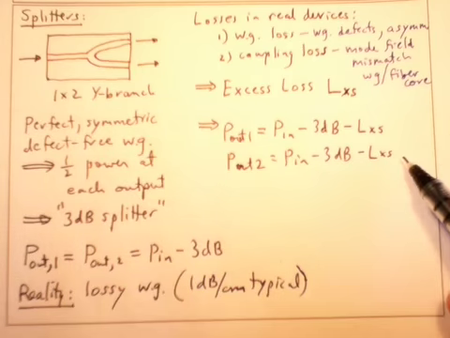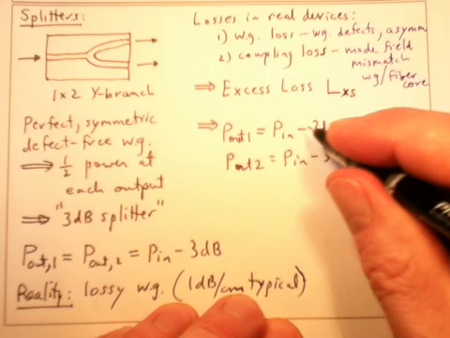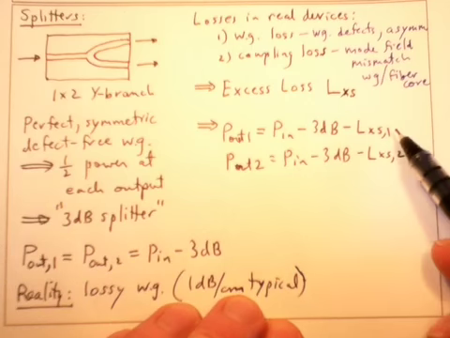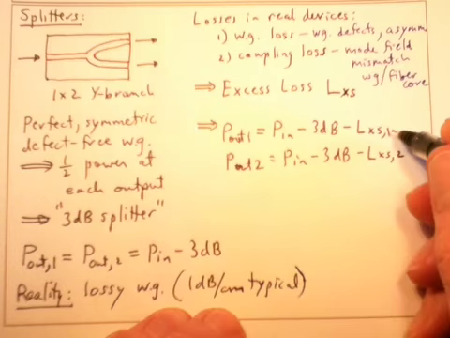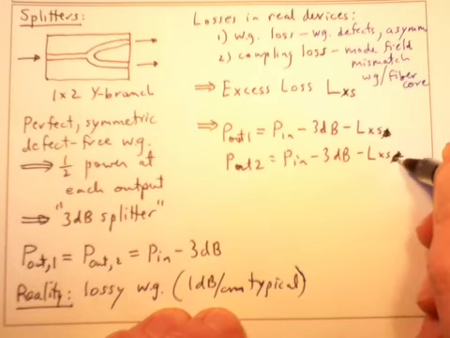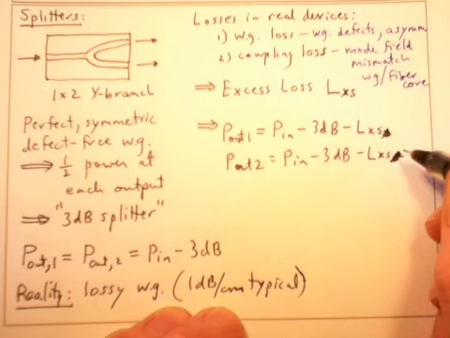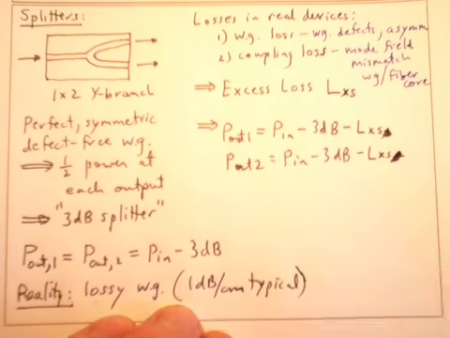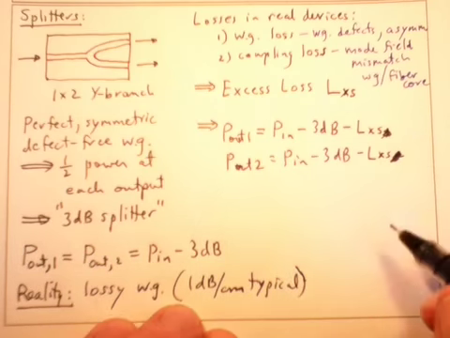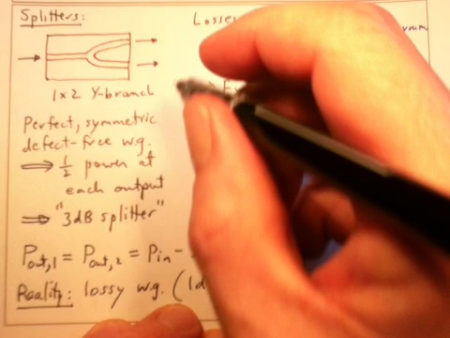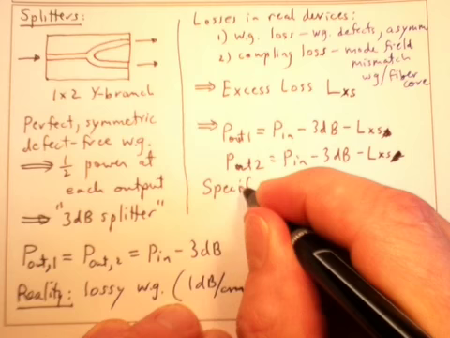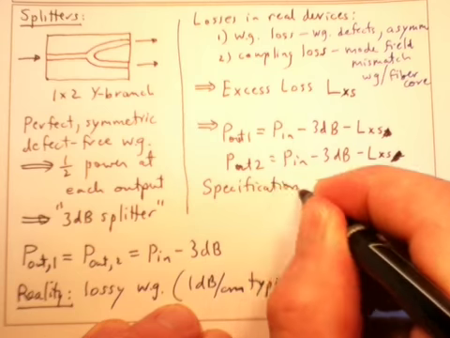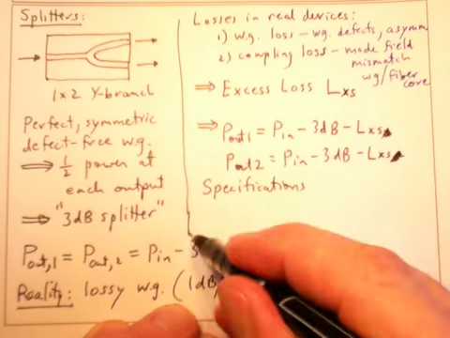They may be different for the two different waveguides, so I might have excess loss for output number 1 and excess loss for output number 2 as different values depending on these waveguides, but generally speaking we're not going to worry about that. But this contributes to the specifications. This excess loss is one of the major specifications of a 3 dB splitter.